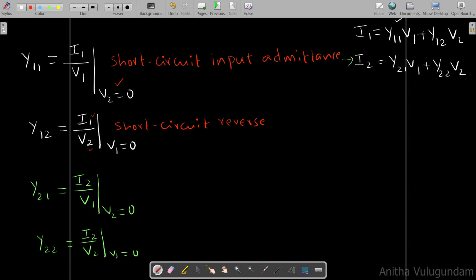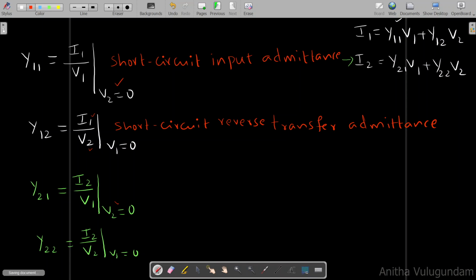And the ratio is I by V, which means admittance. As this is a port 1 to port 2 ratio, we will write it as transfer, because we are taking two variables at different ports. So we'll use the word transfer, and I by V represents admittance again. So Y12 is defined as short circuit reverse transfer admittance.